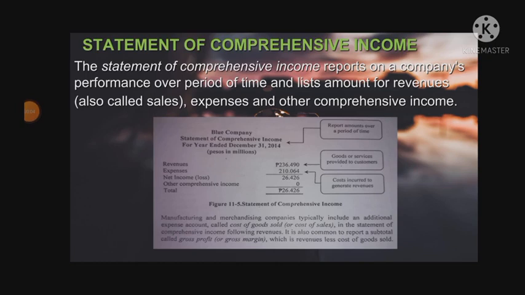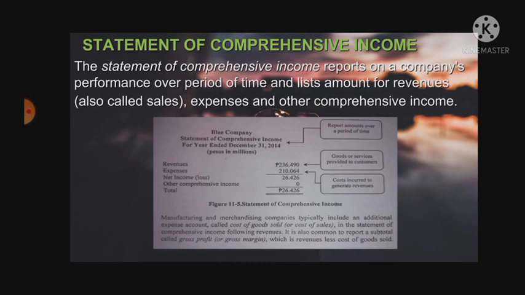Statement of Comprehensive Income. The statement of comprehensive income reports on a company's performance over a period of time and lists amount of revenues, also called as sales, expenses, and other comprehensive income.